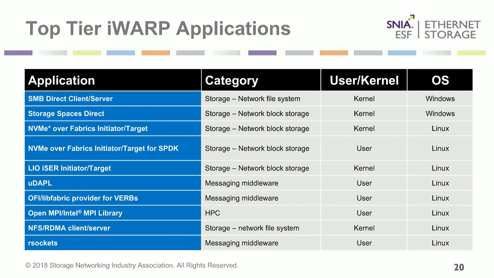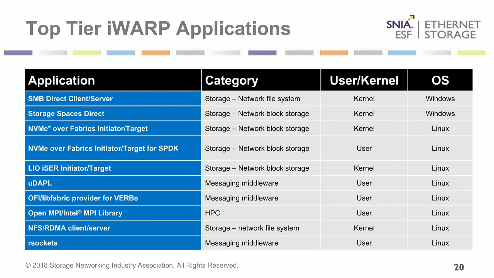I want to switch gears a little bit to talk about the usages, the top tier iWARP applications. iWARP can be used in a lot of applications. When I say top tier, I mean these are the foundational applications where you can leverage the advantages of iWARP, and on top of those applications, you can build more of a solution stack to leverage iWARP performance. You can see we have SMB Direct here.